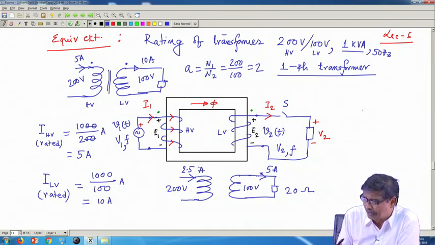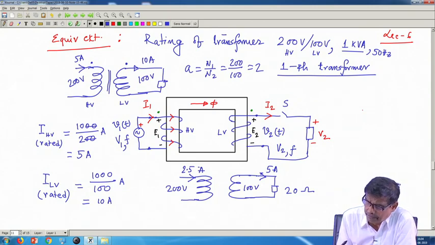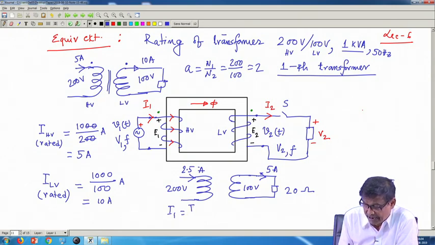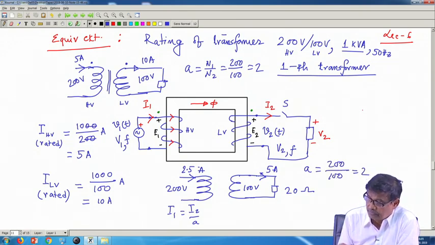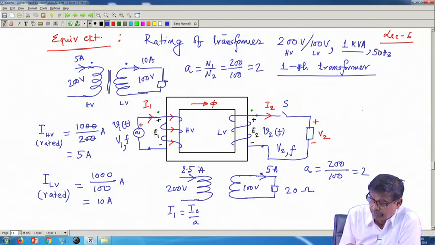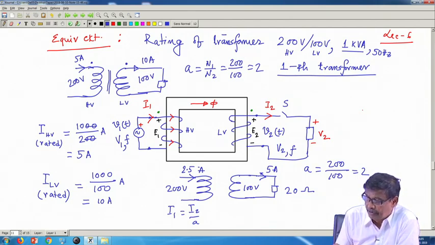Okay, you have connected 20 ohm, this current is 5 ampere, HV side current is always I1 is equal to I2 by A, and here what is A? A is 200 by 100, which is equal to 2. So, current will be reduced by a factor of 2, 2.5 and so on.